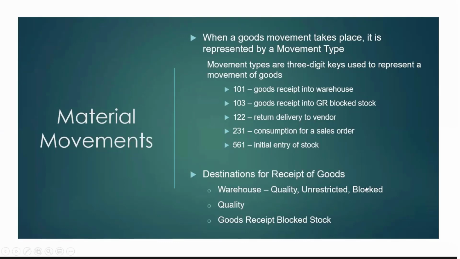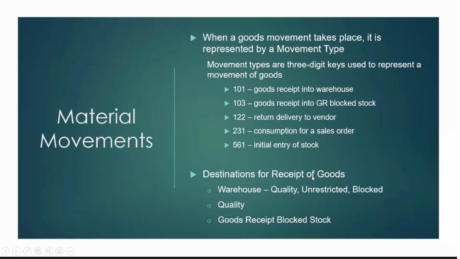Okay, 3 sections. First you can have the quality. So every time that you receive goods, you put them in the quality, and there is some employee who will check the quality of the goods. Based on this, they will take a decision to move it.